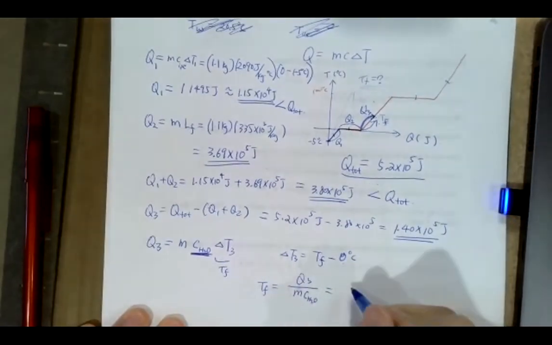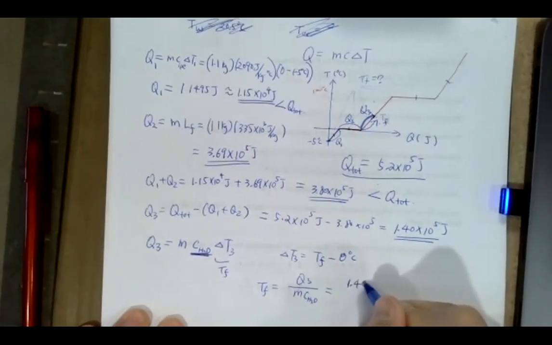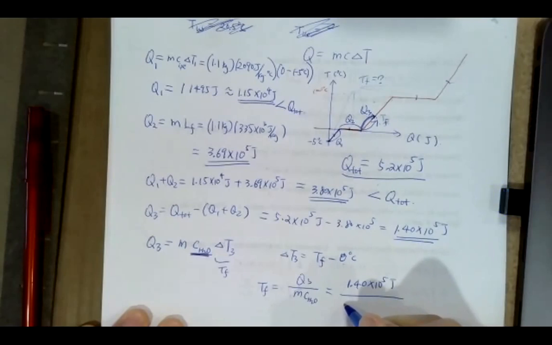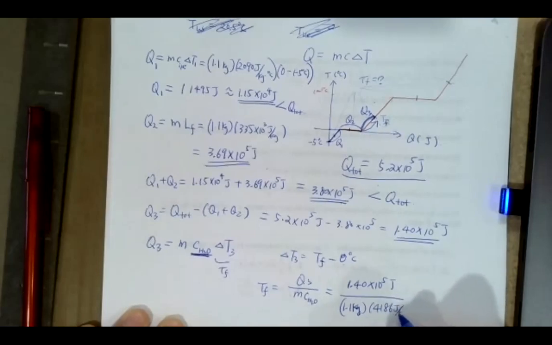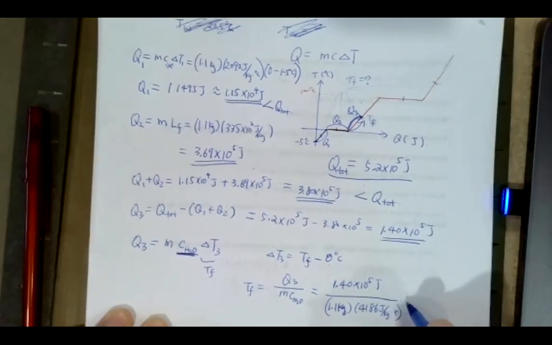Okay, so I'm going to see what that number is. 1 kilogram for the mass. Ice melted to be water, the mass still remains, right? You have 1 kilogram of ice, it will melt into 1 kilogram of water, times 4186 joules per kilogram per degree Celsius.